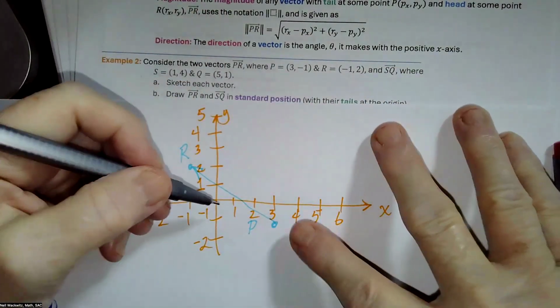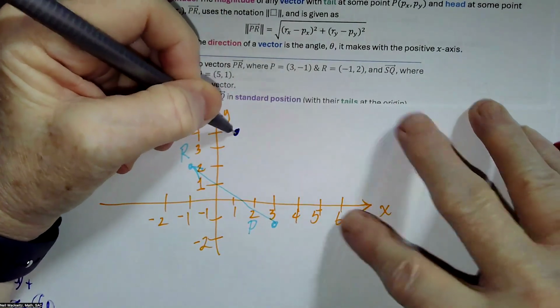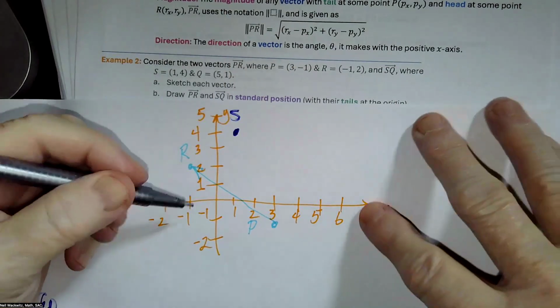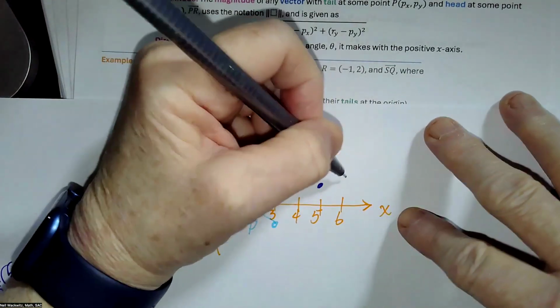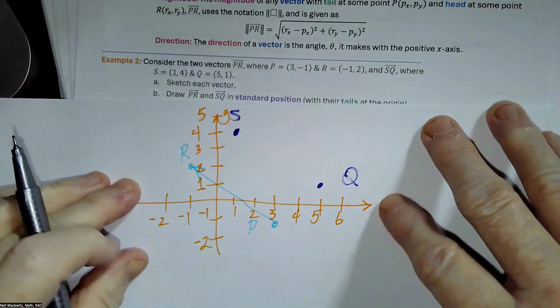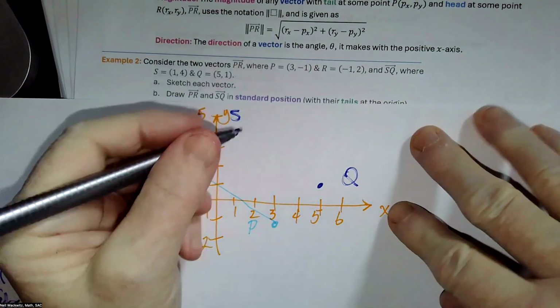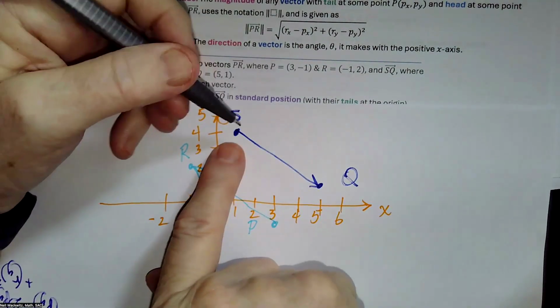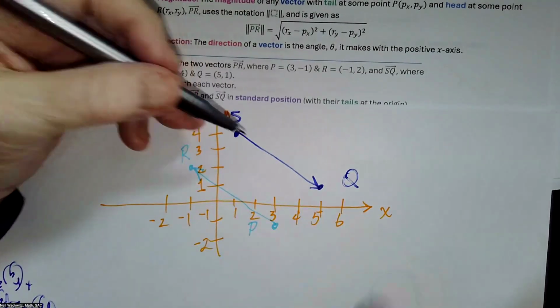S is 1, 4. Q is 5, 1. So that SQ is the vector going from S to Q.